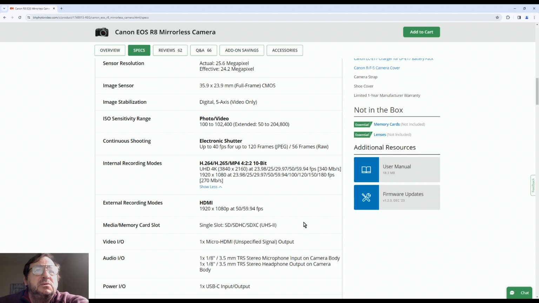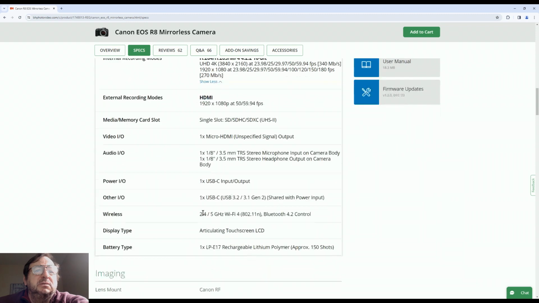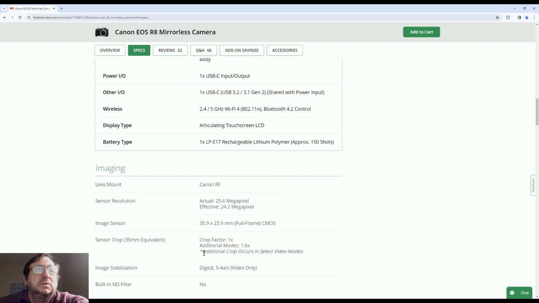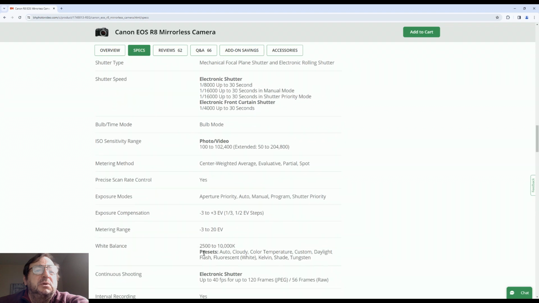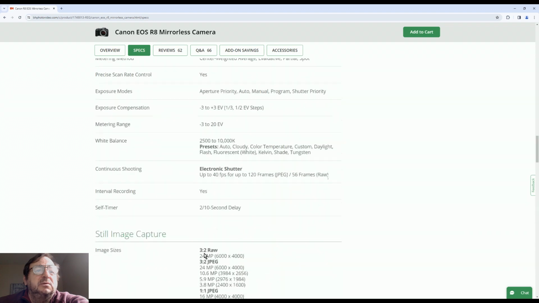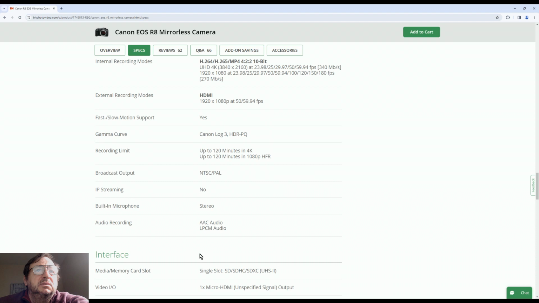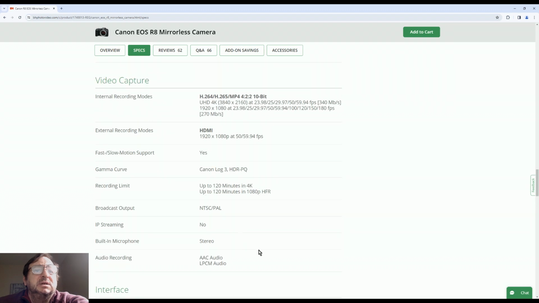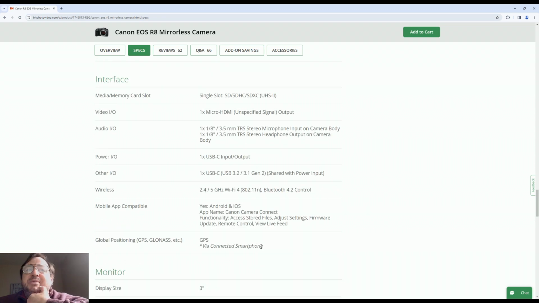And then you look at sound. I want to see 24-bit sound. So today even cheap cameras can have 24. This doesn't say, but I believe it's possible to find.